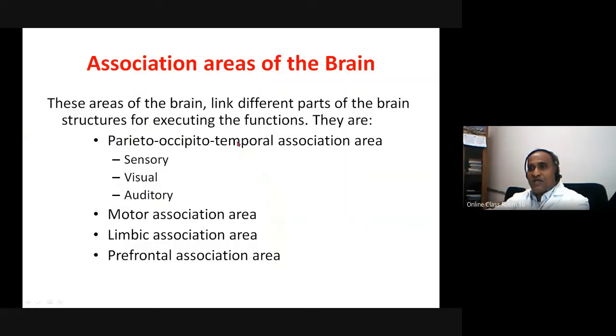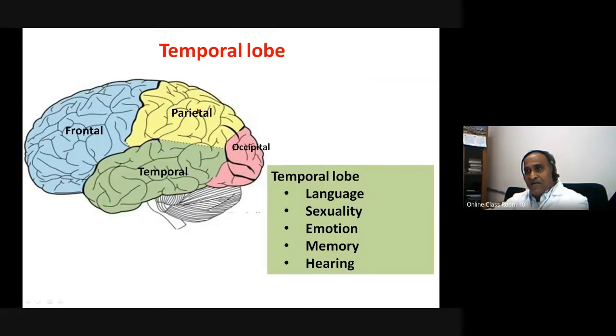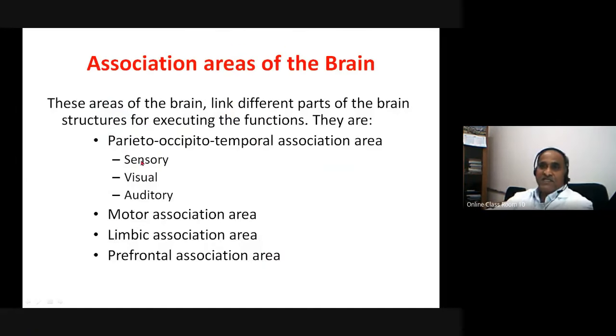In it, you have the parietal association area, the somatosensory association area, areas 5 and 7 here. Then you have the occipital association area, area 18 or V2, called the visual association area. Then we have the secondary auditory area, the auditory association area, somewhere here. That is what I have depicted: sensory, visual, and auditory.